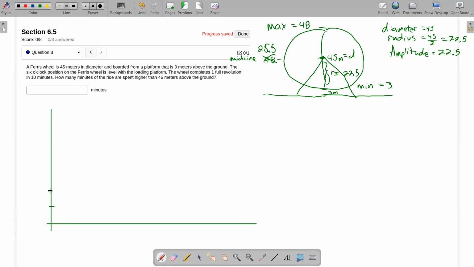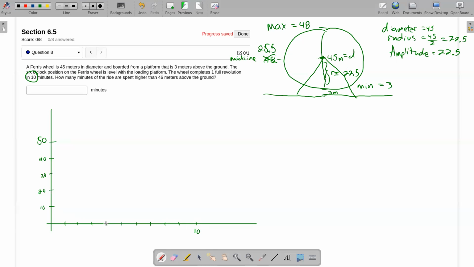So if I want 10, 20, 30, 40, 50 up there. And then let's see, going the other way, we have a 10-minute rotation. So let's go 1, 2, 3, 4, 5, 6, 7, 8, 9, 10. We get 1 complete period.